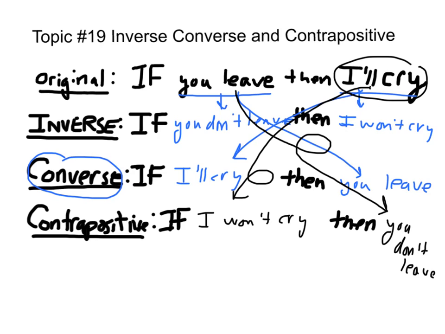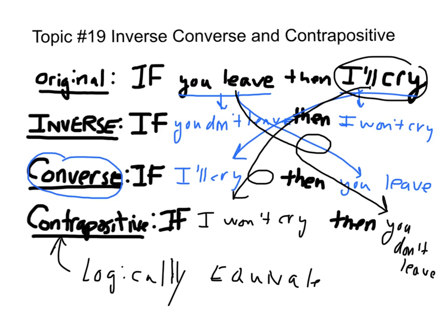And the important thing to remember about the contrapositive is it's always the same meaning logically to the original sentence. So it's logically equivalent. It carries the same meaning as the original sentence. Sometimes they'll just ask you to find the one that's logically equivalent. That is basically asking you to find the contrapositive.